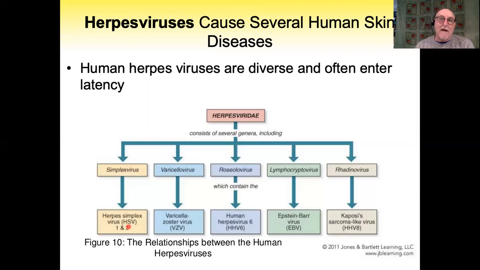You can acquire the genital herpes strain, simplex 2, around the mouth from, say, oral sex. Likewise, you can acquire herpes simplex 1 in the genital region, but they don't tend to persist. They definitely have a preference for the types of cells and the environment that they prefer.